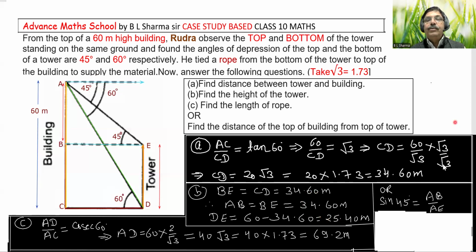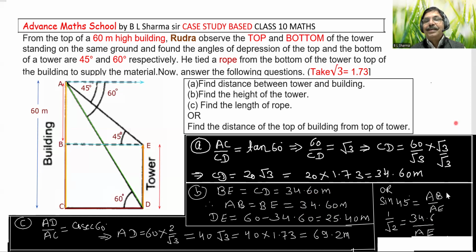Sine 45 is equal to AB upon AE. In place of AB you can put 34.6, upon AE, which we have to find out. So on cross multiplication, AE is equal to 34.6 root 2 meters.